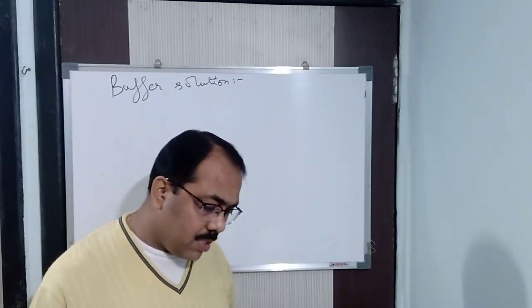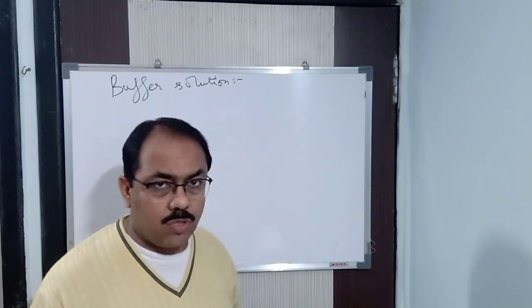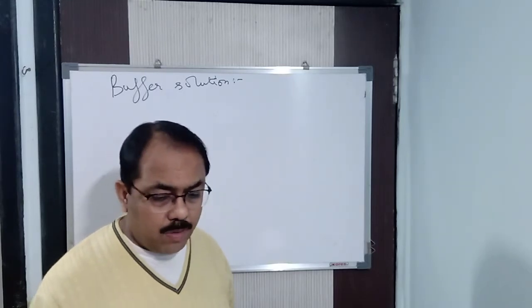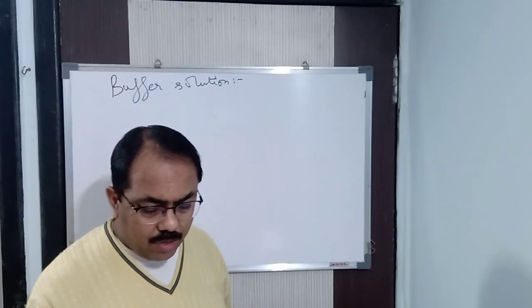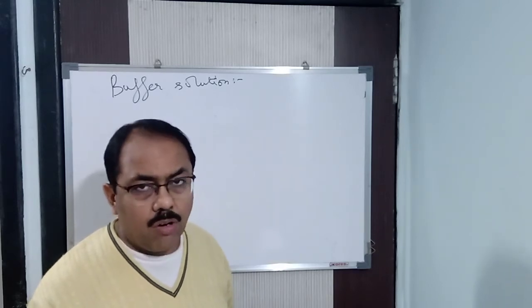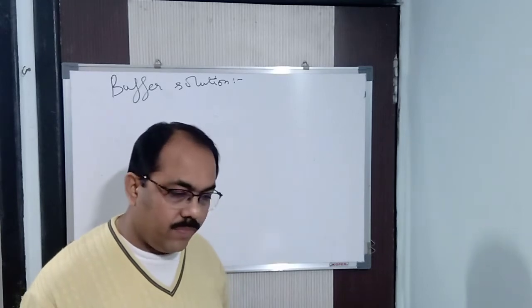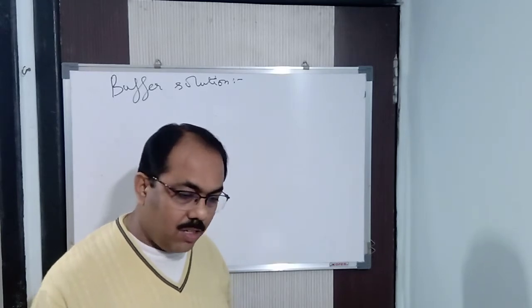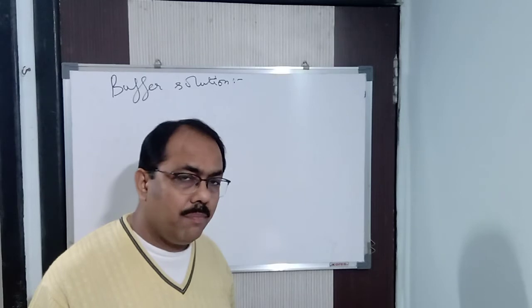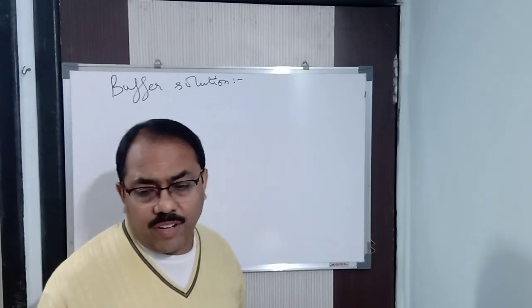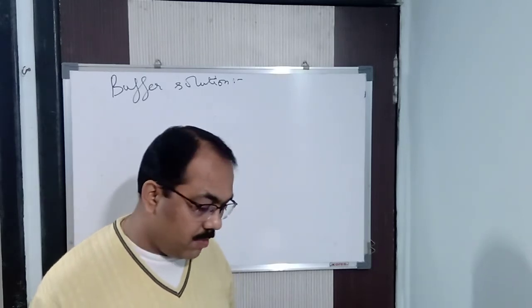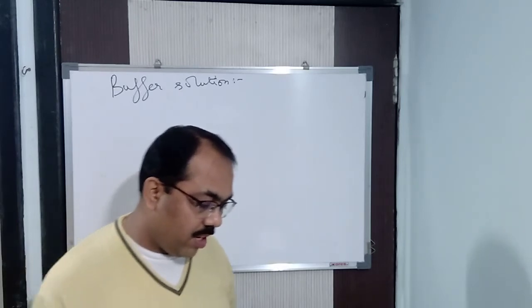The capacity or the property of the buffer solution to resist any change in its pH value. So definitely the solution will not allow its pH to change. That is known as buffer action. When a small amount of acid or base is added to it, the pH does not change, or if at all it changes, hardly it changes. That is called a buffer action.